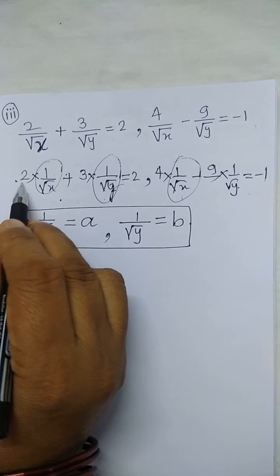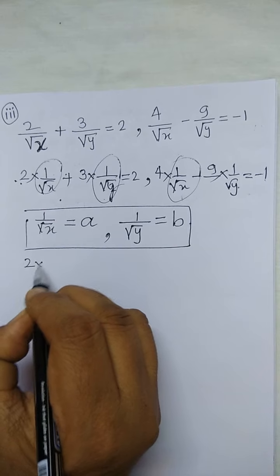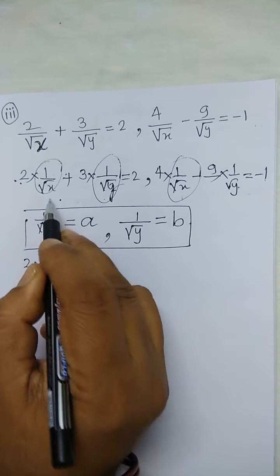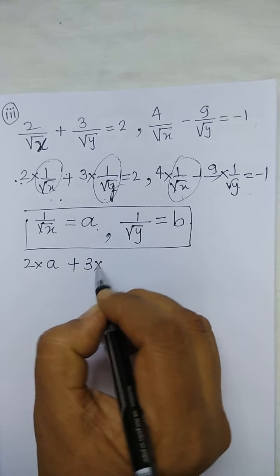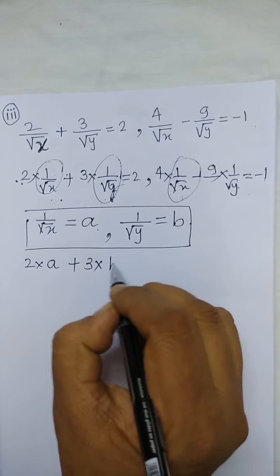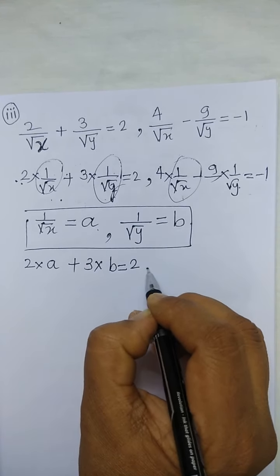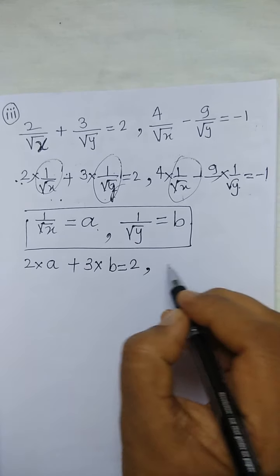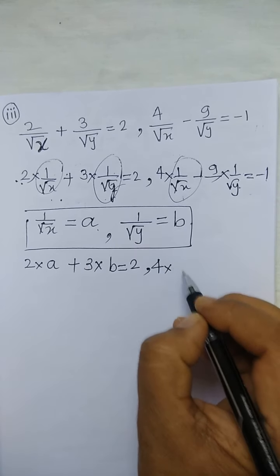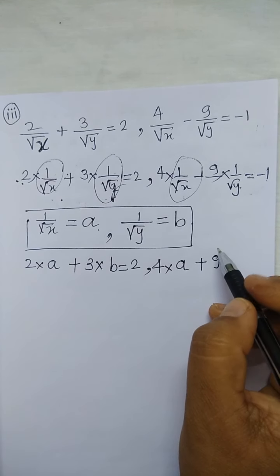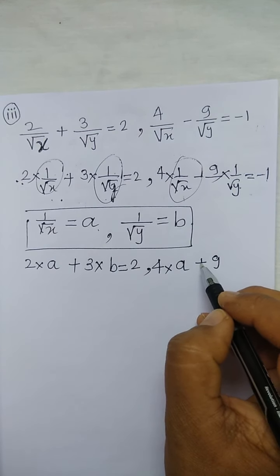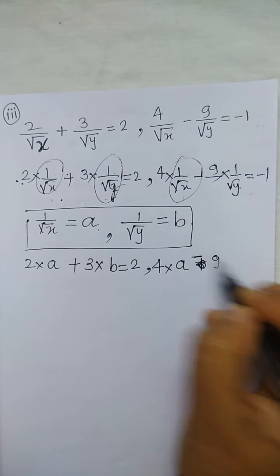So it will be 2 into 1 by root x, which is a, plus 3 into 1 by root y, which is b, equals 2. In this equation also, 4 into 1 by root x is a, plus 9. Sorry, it is minus here. Why am I writing plus?